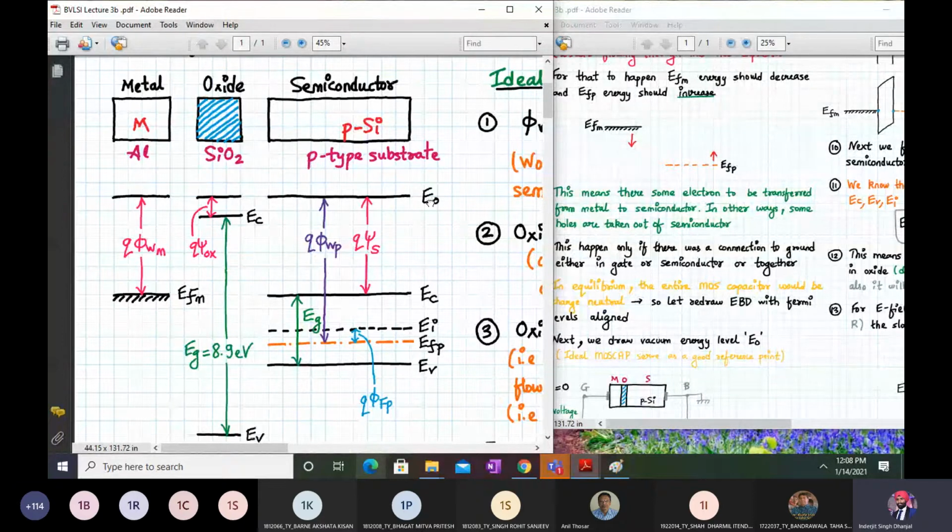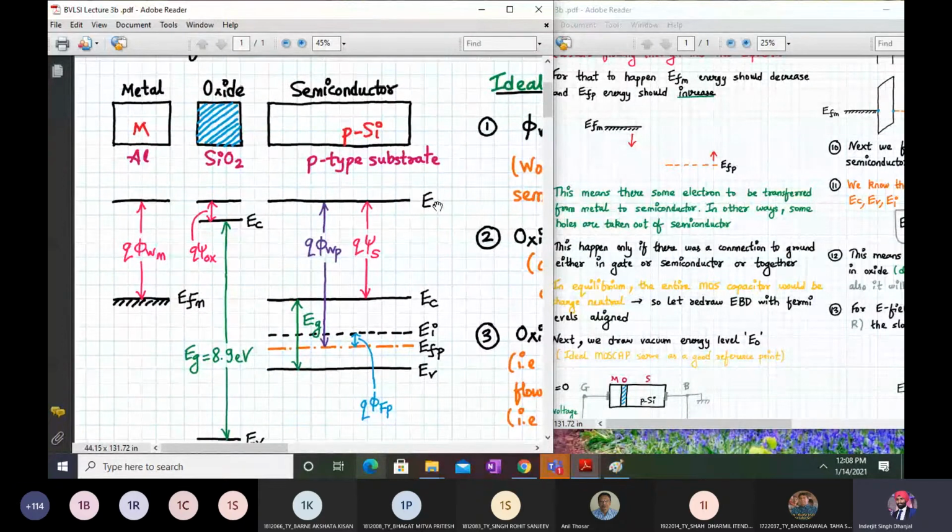Now let's start with the semiconductor. For a semiconductor, we have the conduction band, the intrinsic Fermi level, EFP, E naught and EV also.